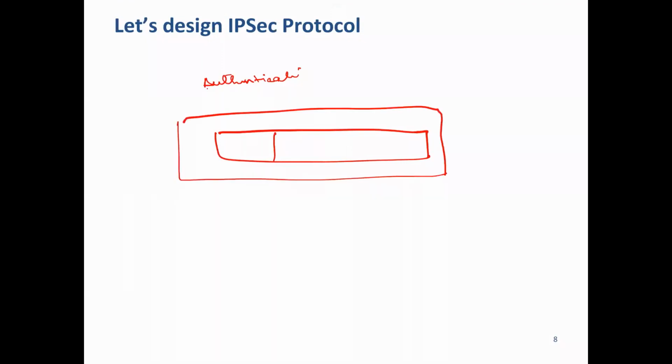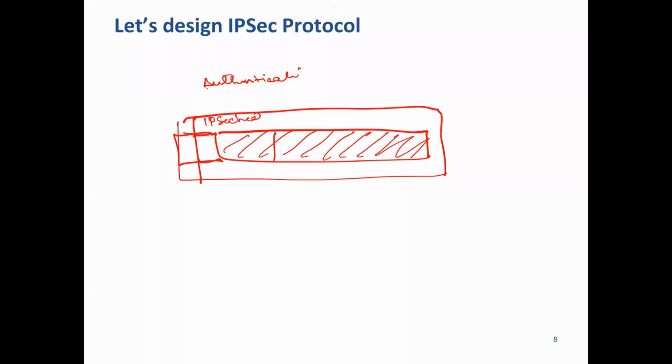Now what we have discussed is about encryption. How do we authenticate, and what part can we authenticate? This is inside the other IP packet. All these parts, plus some header that it has, which we call the IPSec header.